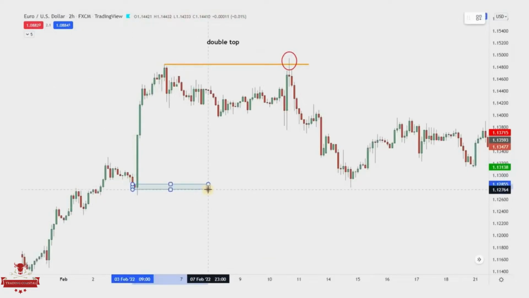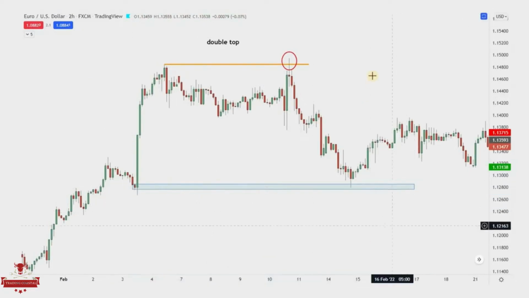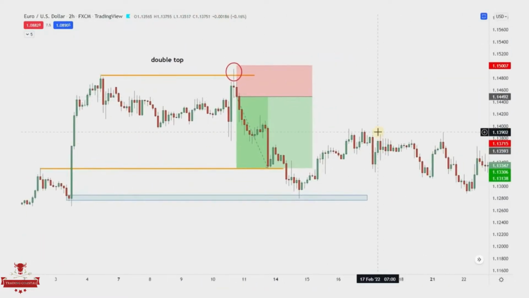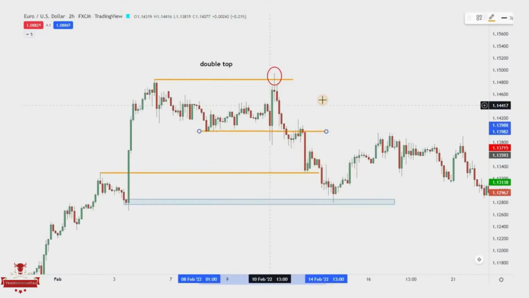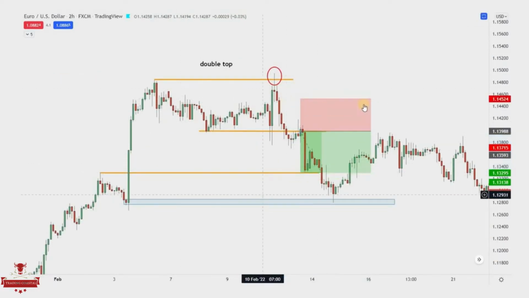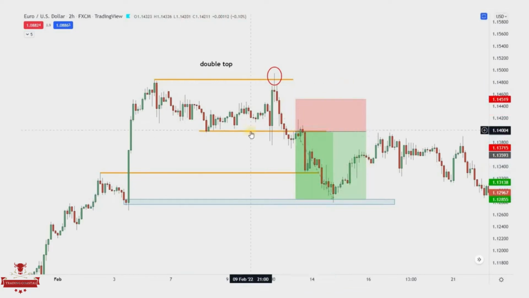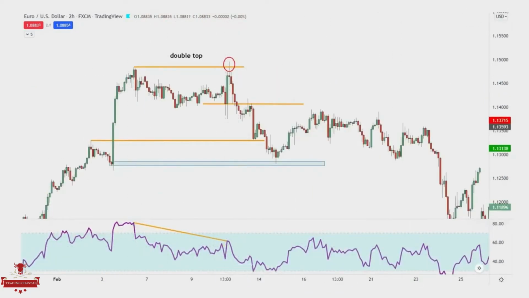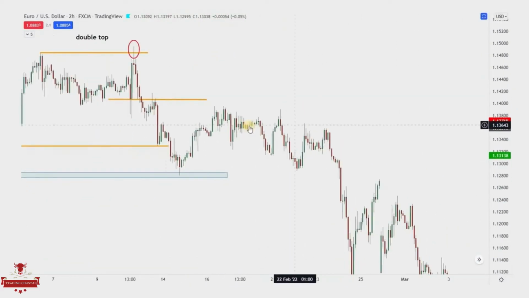The target of this current pattern is going to be the fresh demand zone or the support level above it. It's recommended to enter a sell trade on the fake out event after the close of the next candle. In this example, waiting for the break of the neckline doesn't offer a good risk-reward trade. The RSI divergence is another confirmation that we can use when we trade this type of formation.